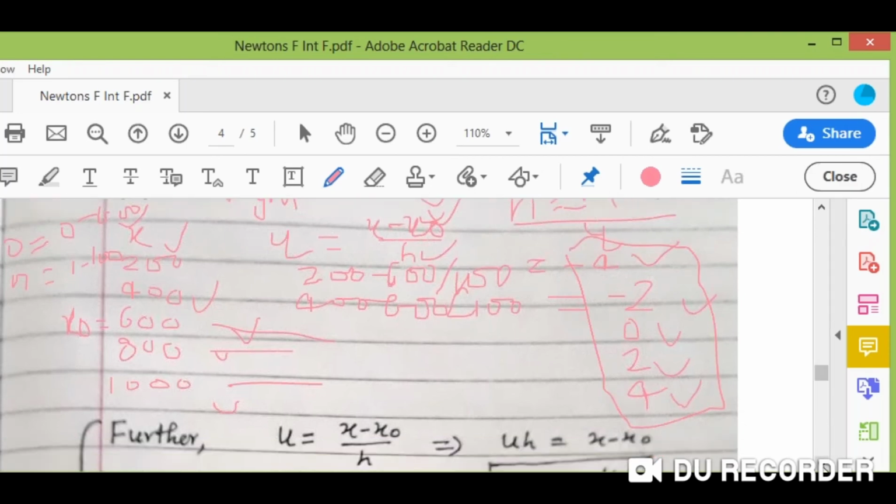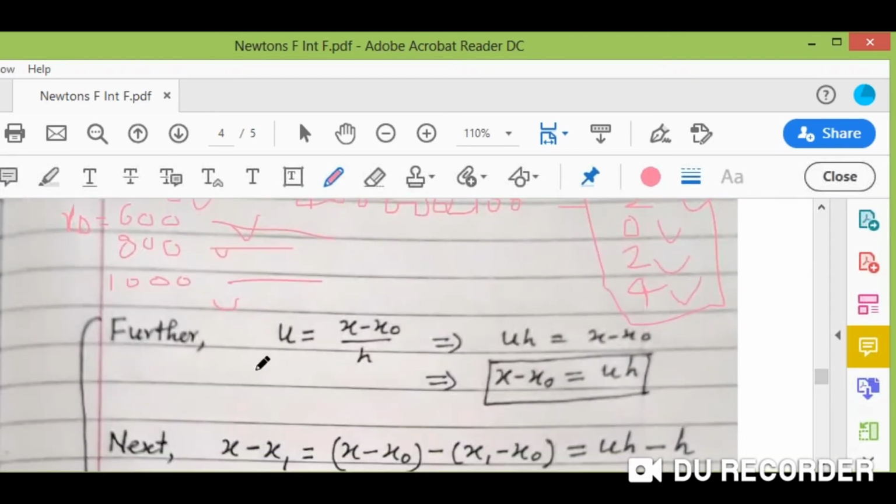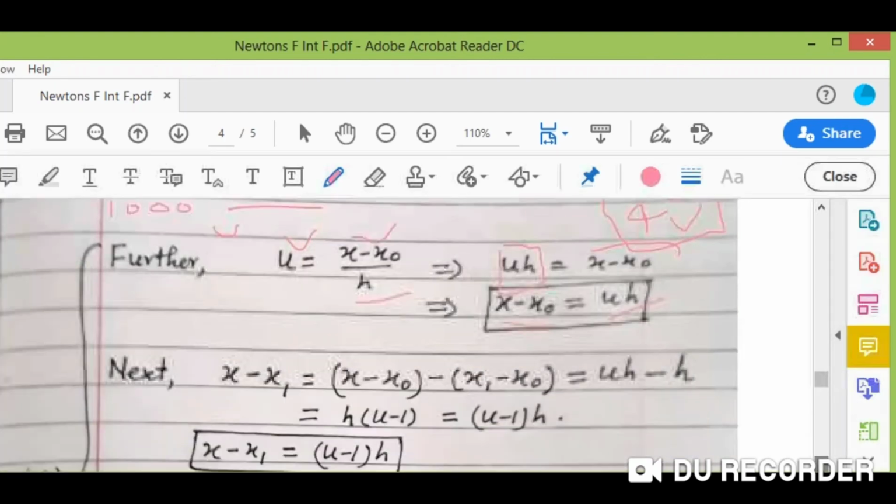So similarly, we have changed here. You look here, u is equal to x minus x naught divided by h. So x minus x naught is equal to uh.